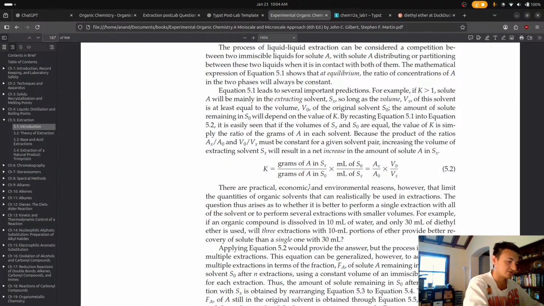Now if we do a second extraction with 10 more milliliters, we're going to have X over Y equal to 2 still, because the volumes are still 10 milliliters, but then X plus Y equals, no, it's just going to be 5/3.